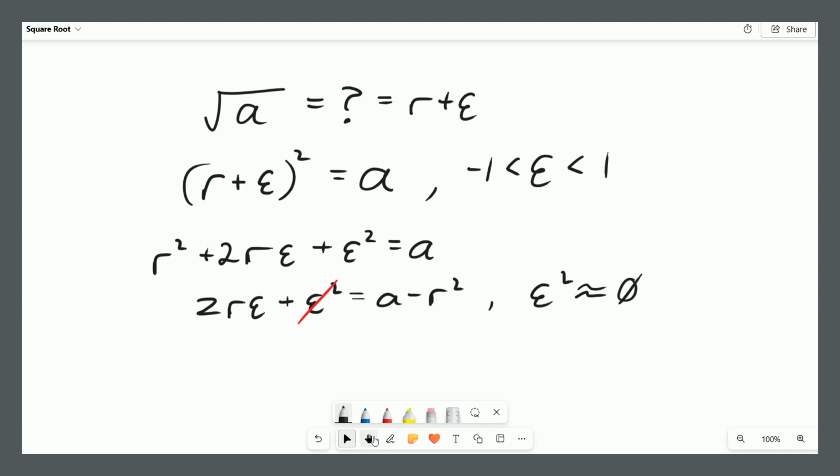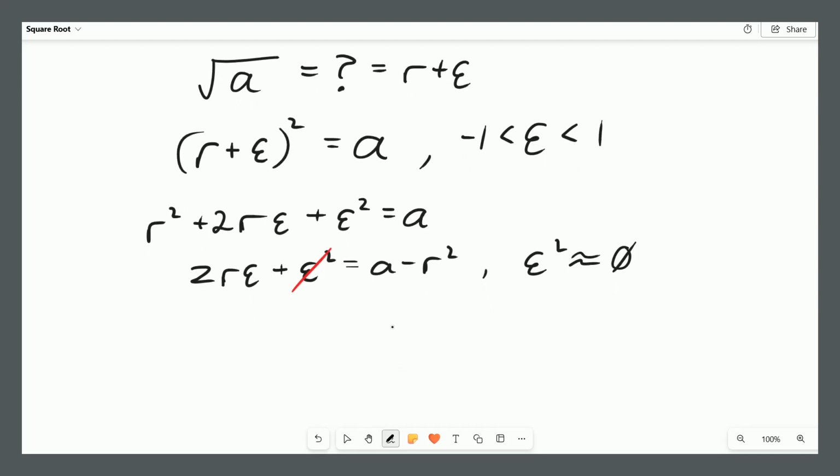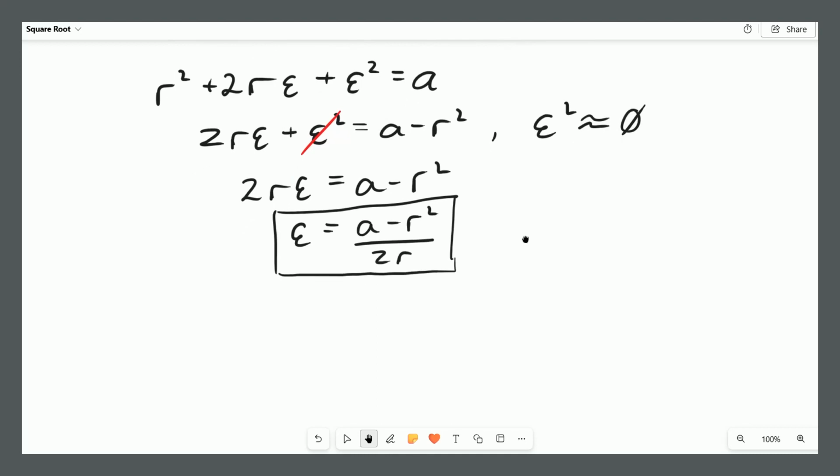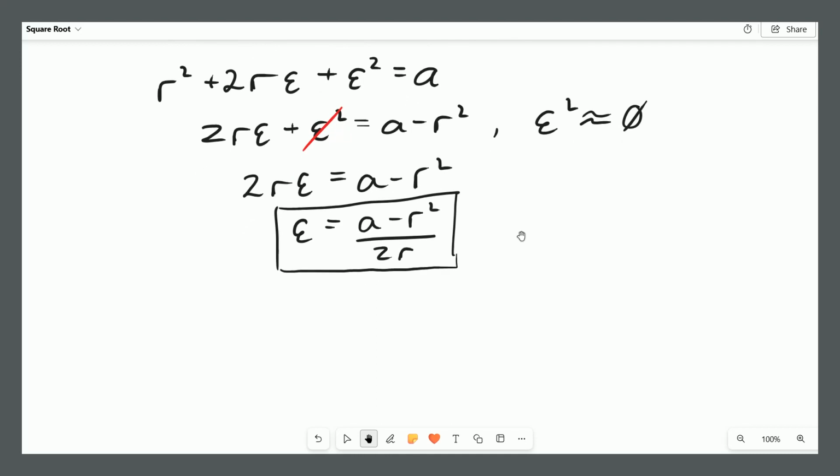And we then have 2r epsilon equals a minus r². Epsilon equals (a minus r²) over 2r. We know what a is because that's the number we're looking for the square root of, right? And we know what r is because that's the square root of the number close to it, right?